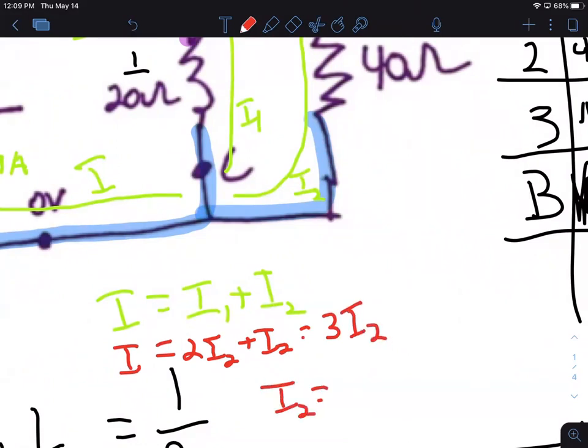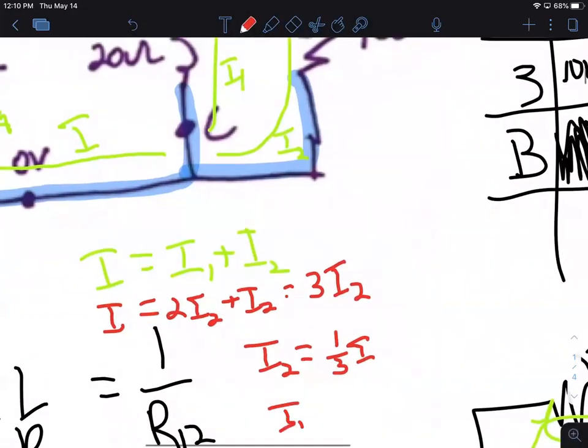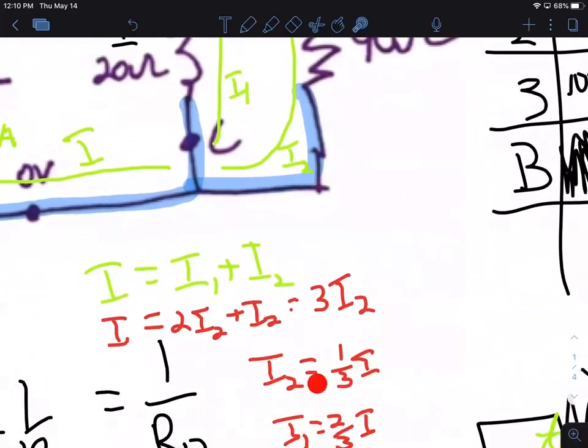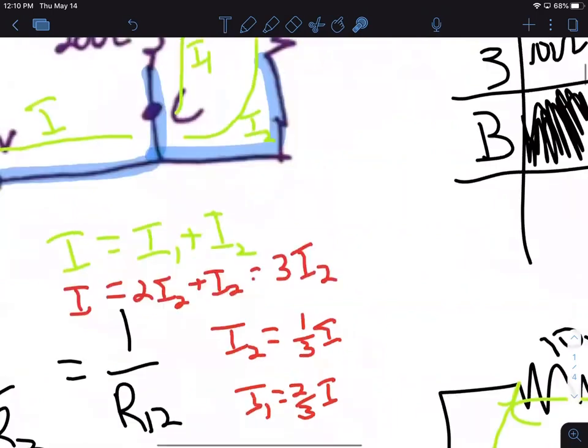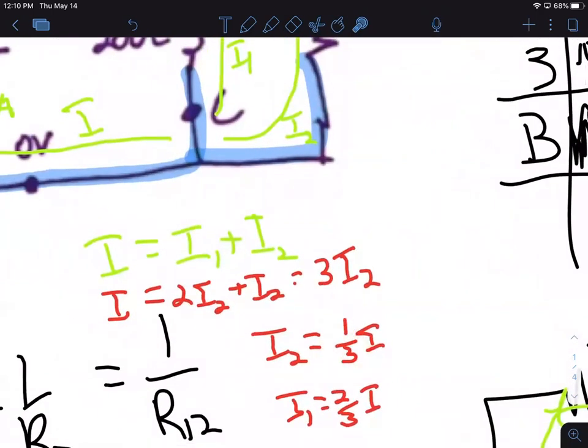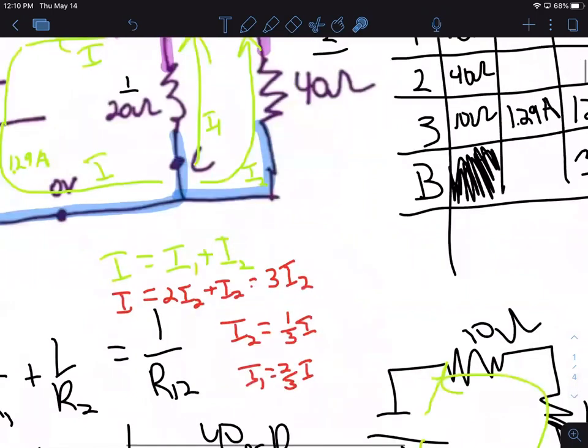So the current through this path here, I2, is going to be a third of the original current. And that would mean that the other one has to be 2/3 of the original current. So together, I get the full current. I was able to say this because I noticed that this has half the resistance, so it gets twice the current that this one does. So I could do 1/3 times 1.29 and 2/3 times 1.29 to figure out the current.